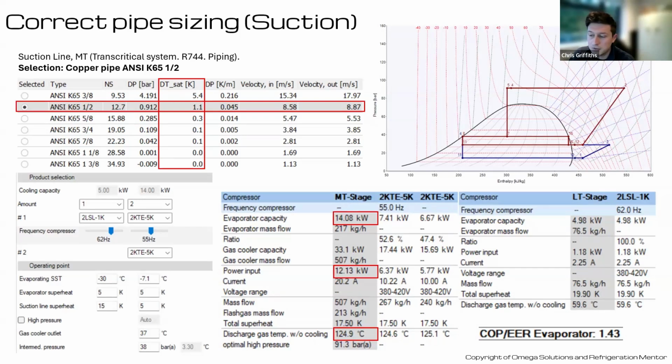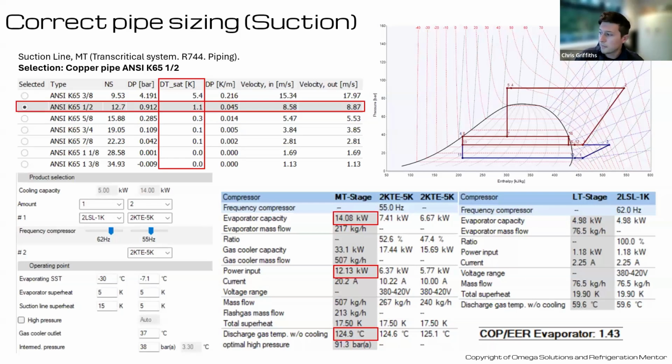And then the same again on our medium temperature as well. And then we've got a gas cooler outlet temperature of 37 Celsius and an intermediate pressure in our receiver of 38 bar. But more importantly, what that gives us are these key values, again highlighted in red: our evaporator capacity, our power input, and our discharge temperature without any additional cooling.